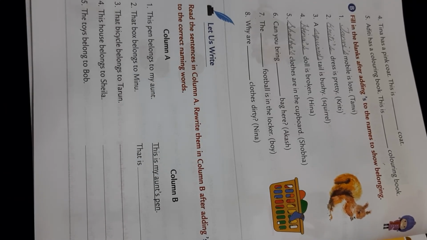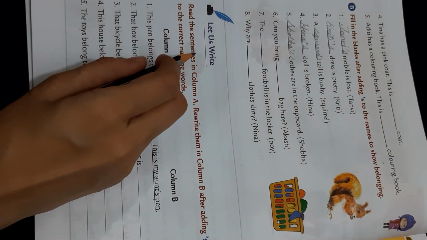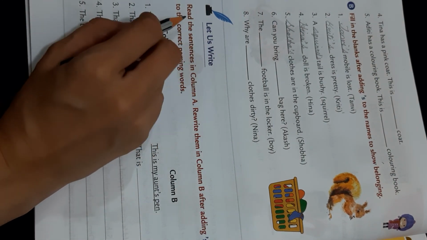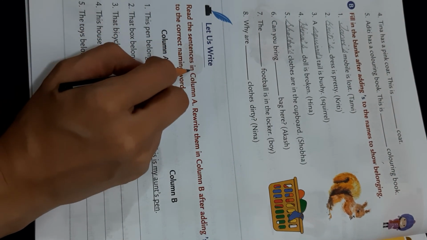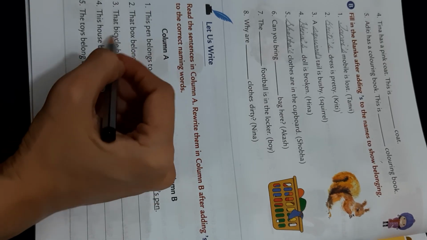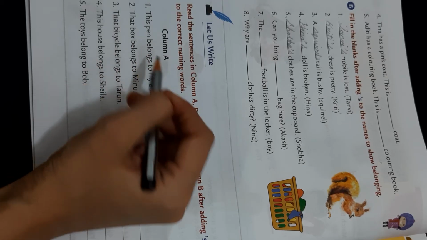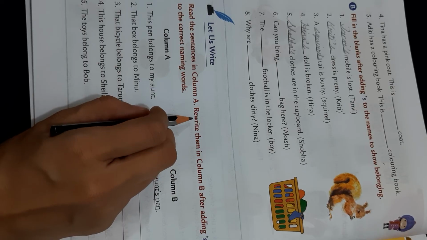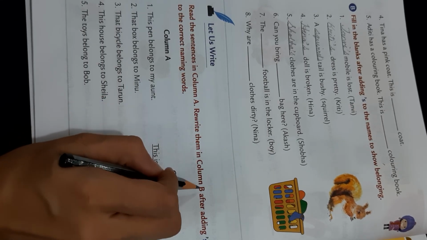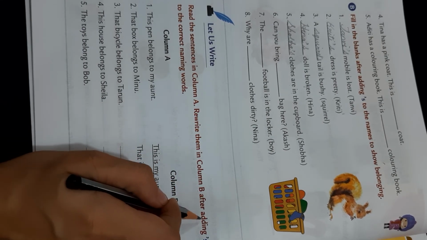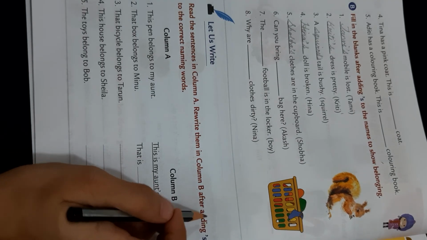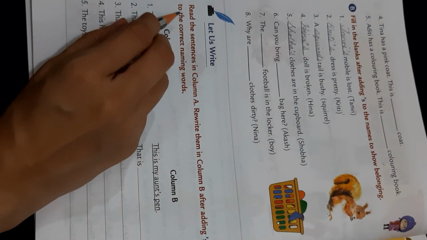Okay. Now, look over here children. Let us write. Read the sentences in column A. So this is column A. We have to read these sentences. Okay. Rewrite them in column B after adding apostrophe S to the correct naming words. Okay.